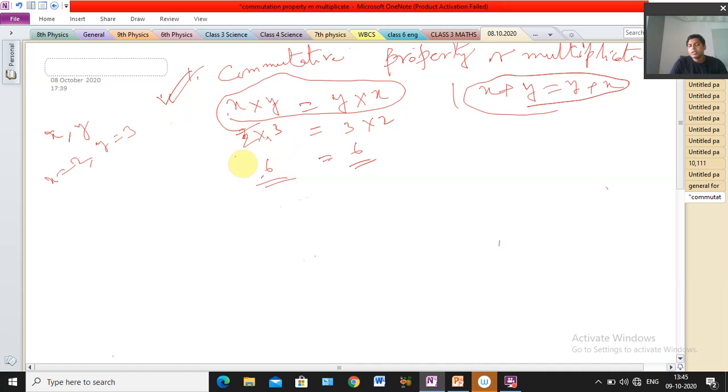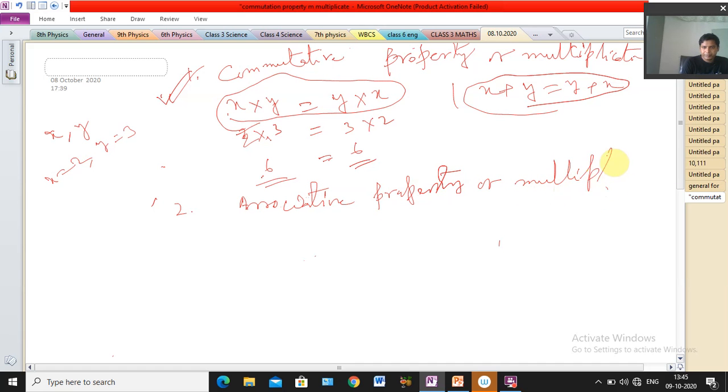Okay. Next, second property, sir, associative property of multiplication. See, associative property was there for addition.